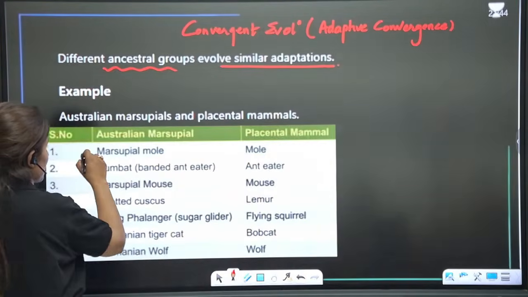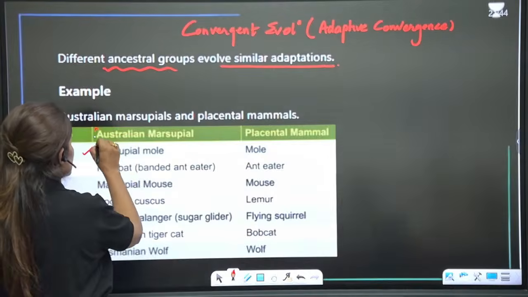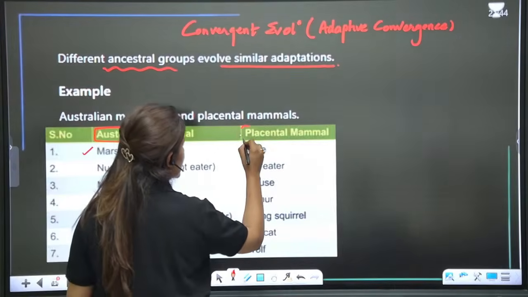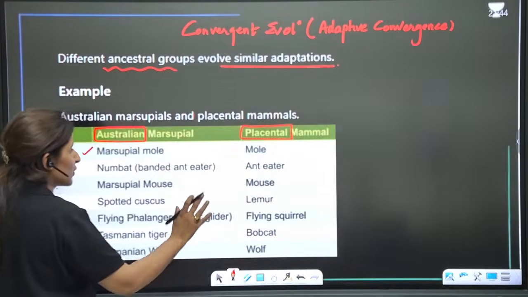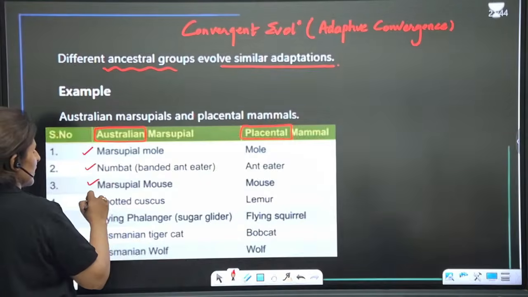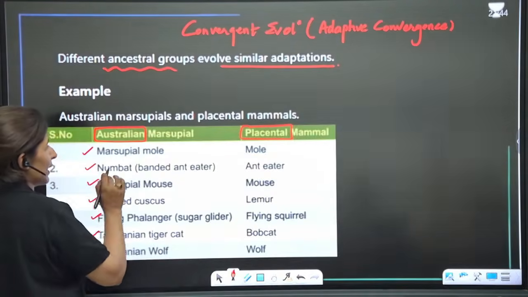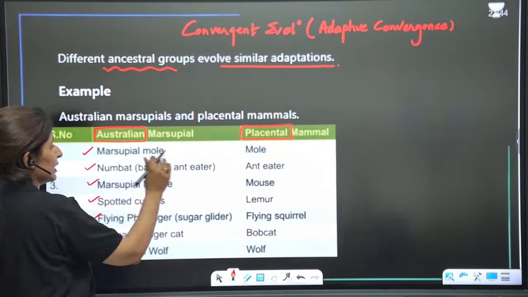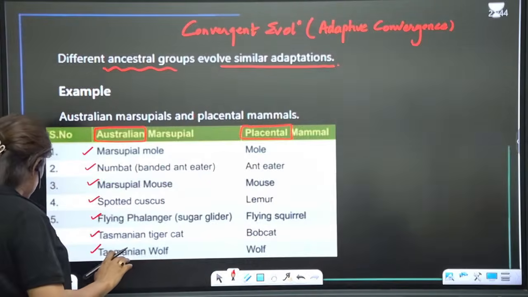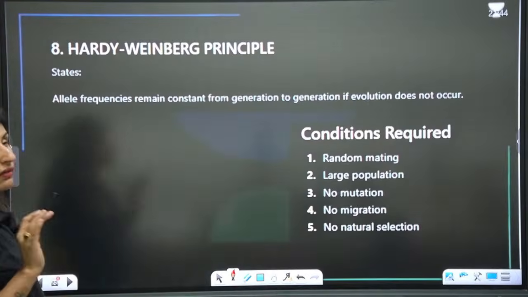For example, see, marsupial mole and mole. So these are the Australian marsupials, these are the placental mammals. So when they moved to the common place, they developed this. So you have to remember them in pairs. So learn these examples in pairs. Is that clear? So next, guys, we have Hardy-Weinberg principle.